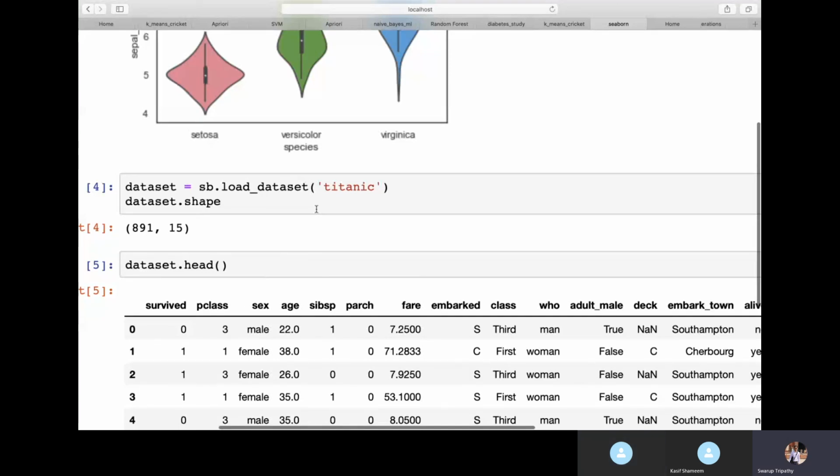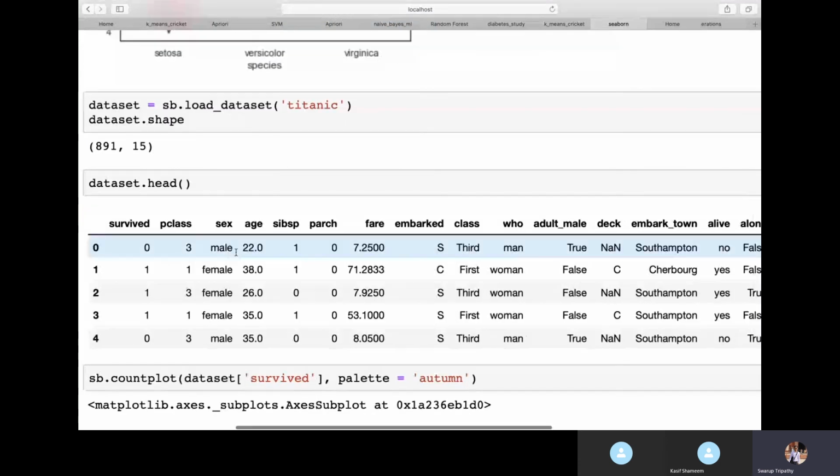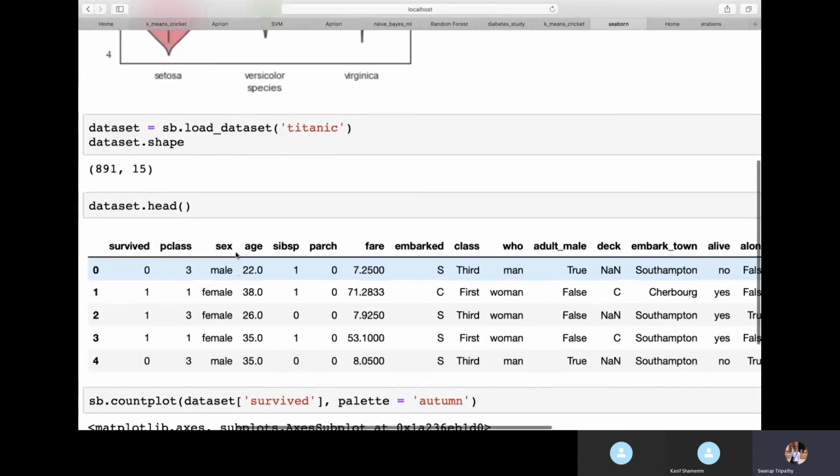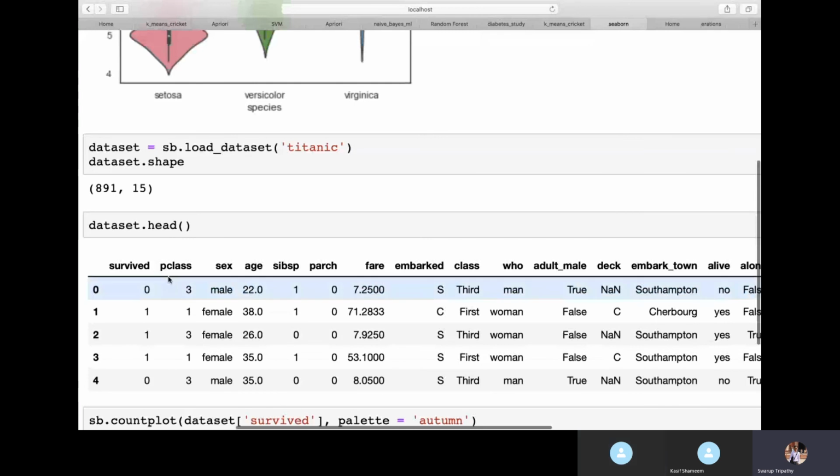Now see, dataset.head, once you do it, shows you the top 5 records. Here it shows certain columns. First we will try to understand this data, then we'll try to visualize. Whenever you get data, first understand each of the columns, then try to visualize whichever things are important within the data set.